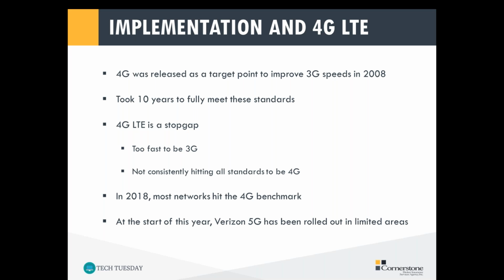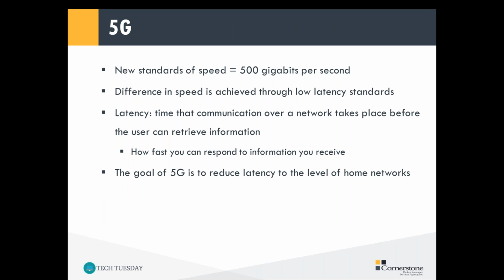At the start of the year, however, Verizon started implementing its 5G network, and it's been rolled out in limited areas. They actually did showcase this in Korea. This was about 2 months ago, and the speeds it had were incredible. Just to show the difference, 5G standards is 500 gigabits per second.